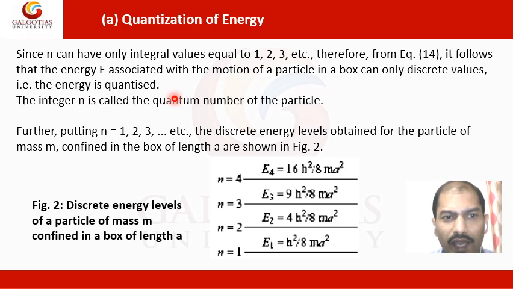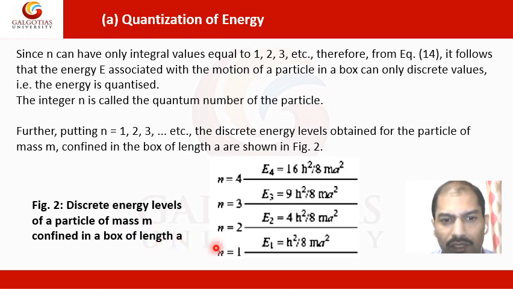The integer n is called the quantum number of the particle. Putting n equal to 1, 2, 3, you will see the discrete energy levels obtained for a particle of mass m confined in a box of length a, as shown in this figure.